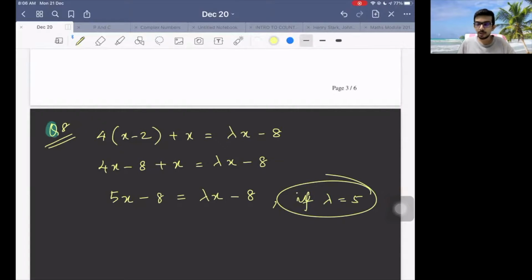The expression on both LHS and RHS will be identical, which means the equation will have, what is the case here? Please tell me.